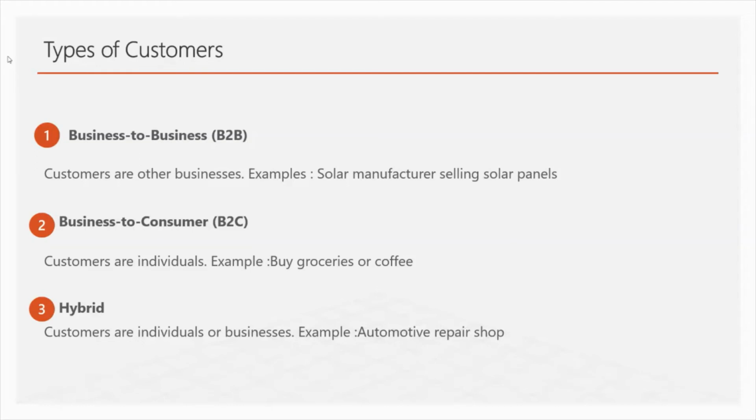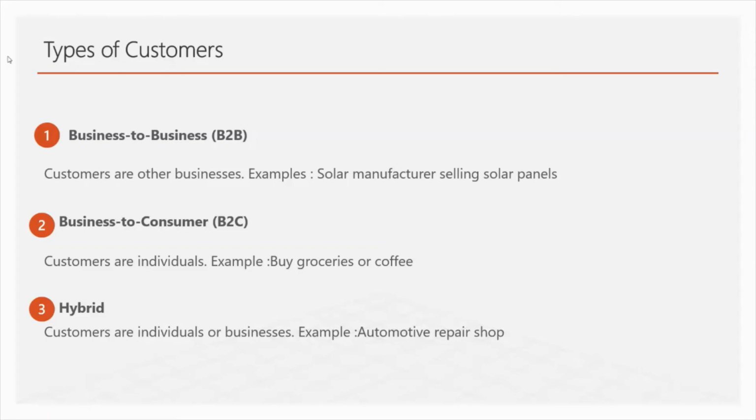Second is business to consumer. Consumers are individuals. Like you buy some groceries from Amazon or you buy coffee from a coffee shop. So customers are individuals here. Third is the hybrid model. Customers are individuals or businesses also.